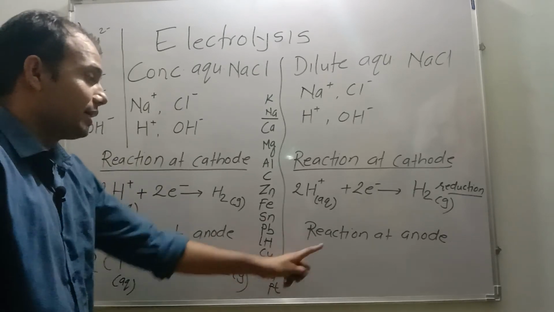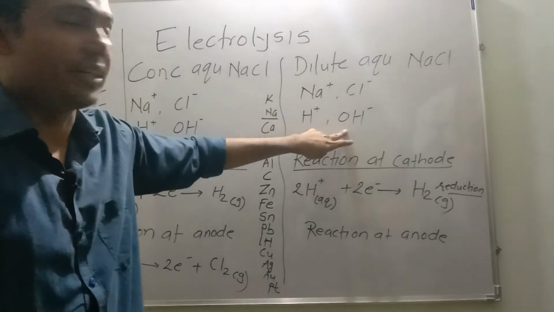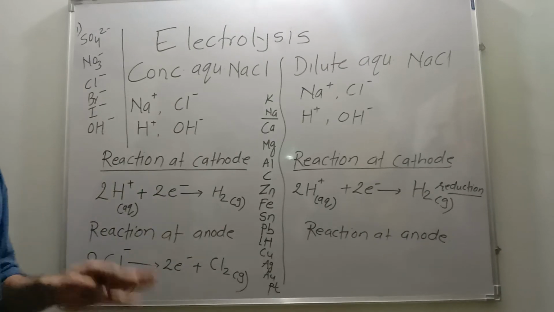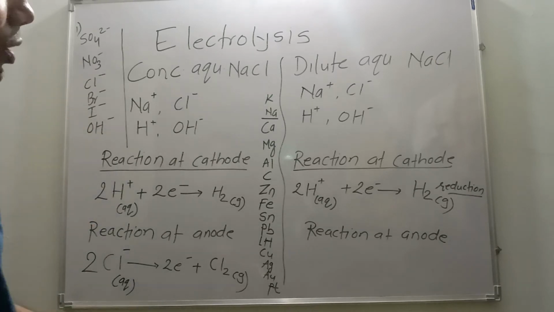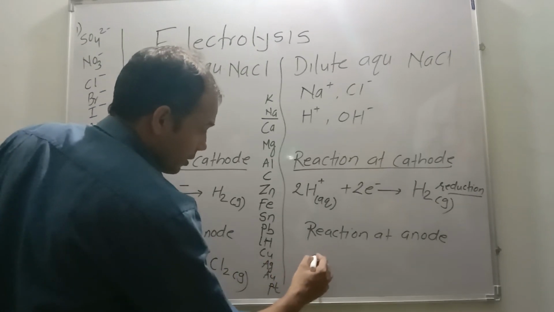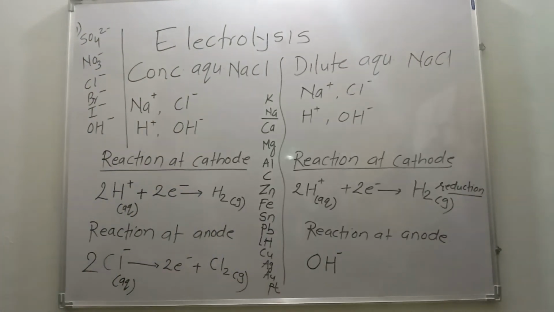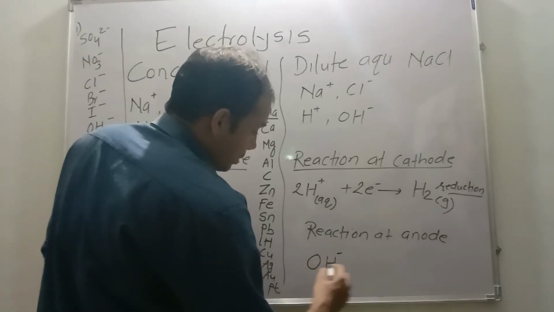Now look at this one, reaction at anode. Again two ions are there, Cl- and OH-, but this is a dilute solution. So for a dilute solution you look at this series. OH is at the bottom of the series, so OH- is going to discharge first. So in this case, I will write it down here, OH- is going to lose electrons.